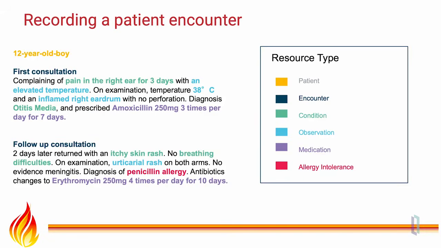So as an example of a FHIR document, consider this brief representation of two office encounters, one when a 12-year-old child presents to a physician with pain in the right ear for 3 days and an elevated temperature, the pain in the right ear being a condition that is being asserted by the patient, and the elevated temperature an observation made by the patient.